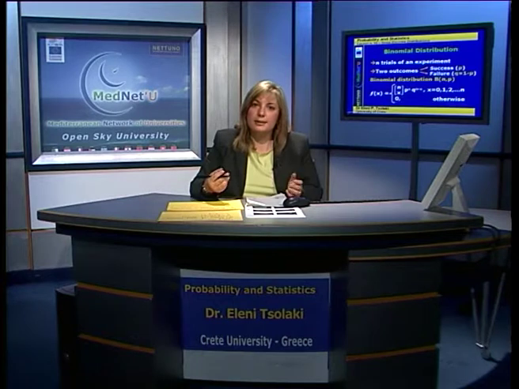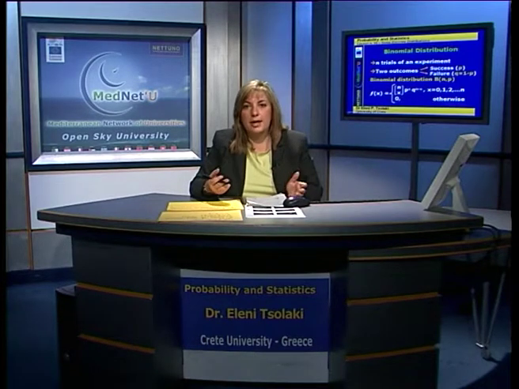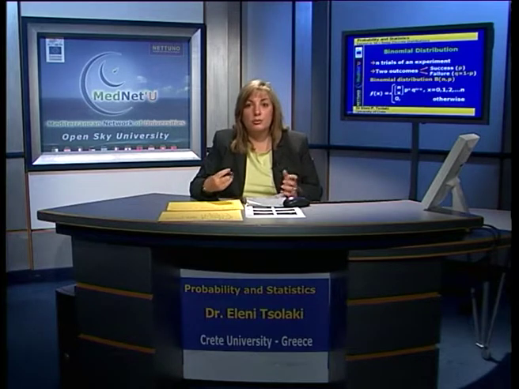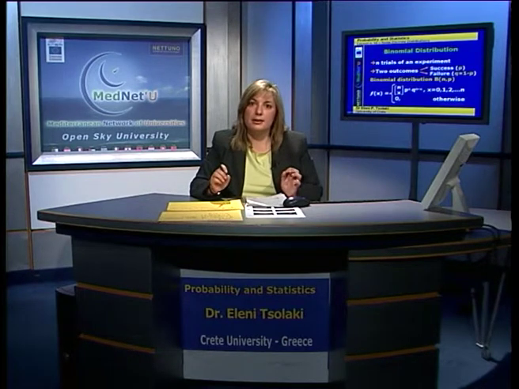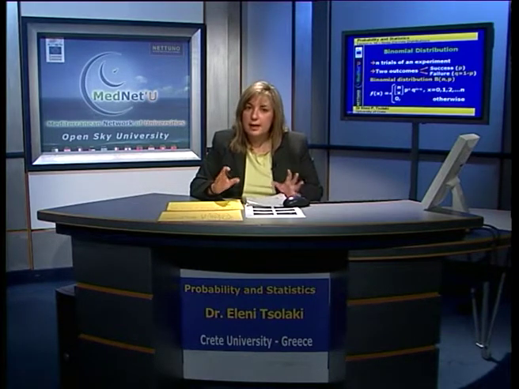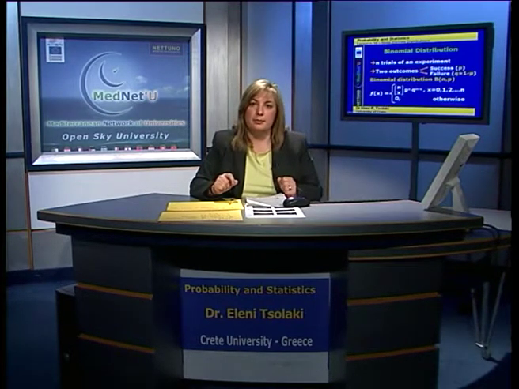So we understand that in this case our trials are not independent, and so we cannot use the binomial distribution. We said that it is important that in order to use the binomial distribution that the trials are independent.